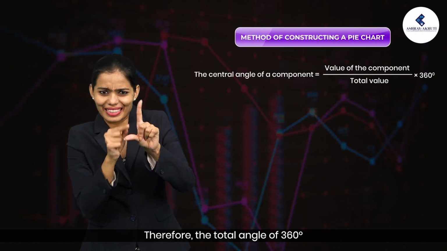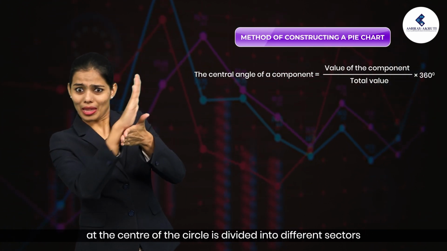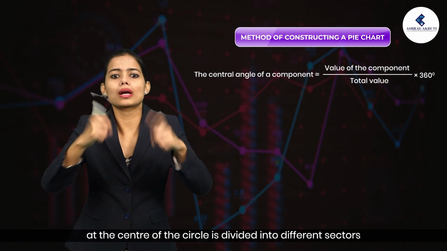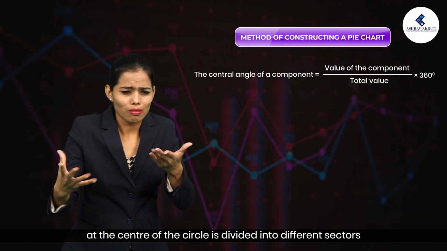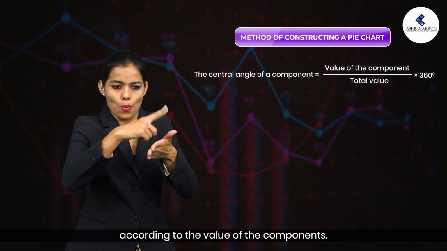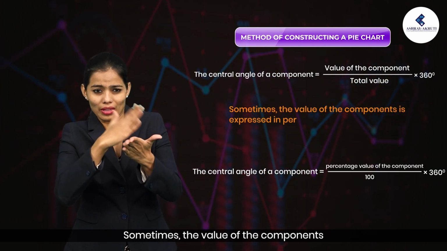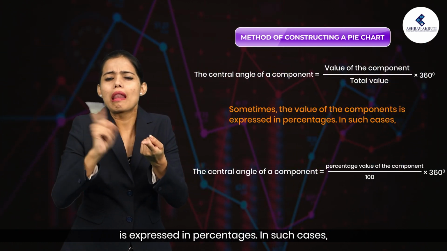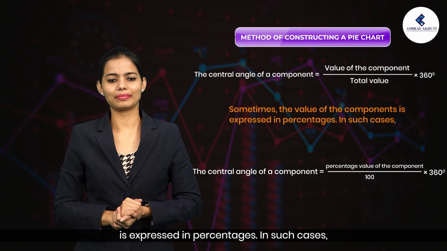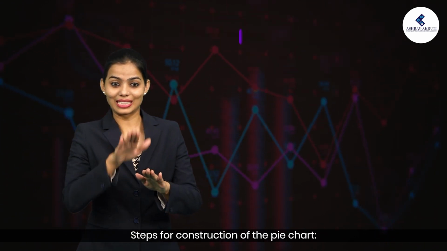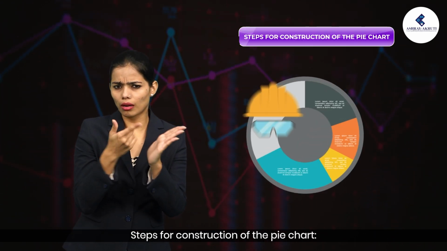Therefore, the total angle of 360 degrees at the center of the circle is divided into different sectors according to the value of the components. Sometimes, the value of the components is expressed in percentages. In such cases, the steps for construction of the pie chart are as follows.